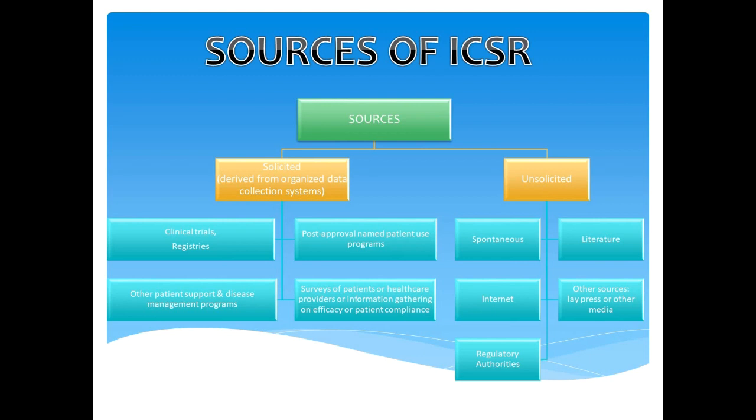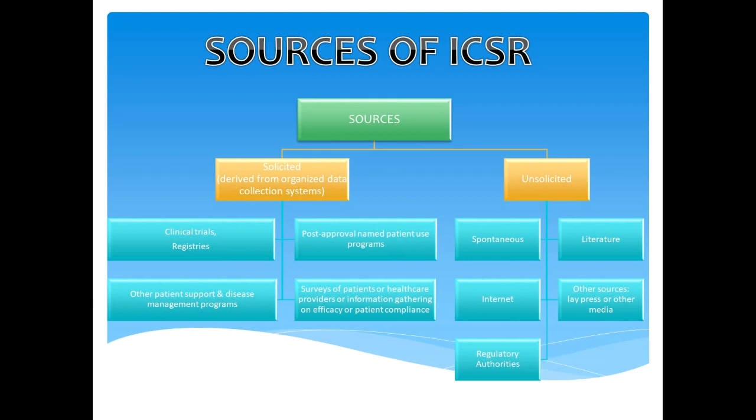The physician may report to the pharmacovigilance department of a particular company, or the patient may sometimes directly report to the regulatory authority. If the patient is directly reporting to the regulatory authority, then these are known as active reports.